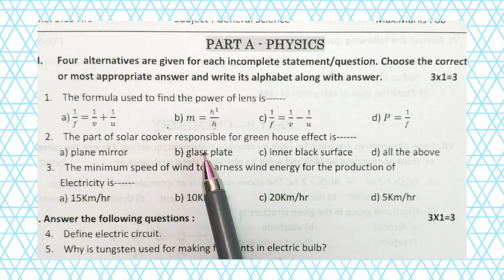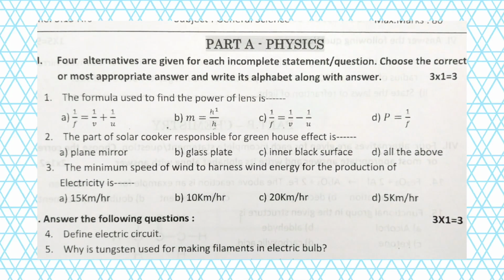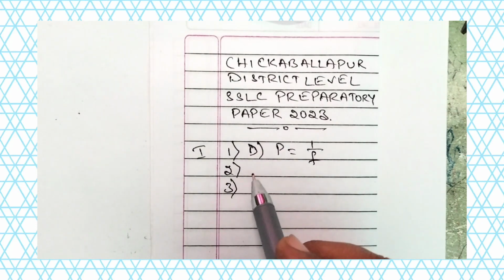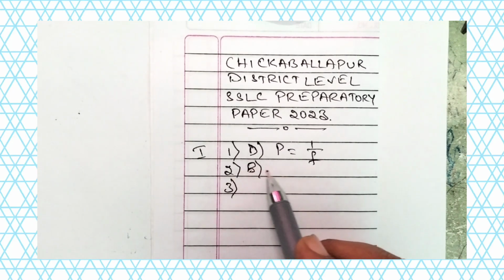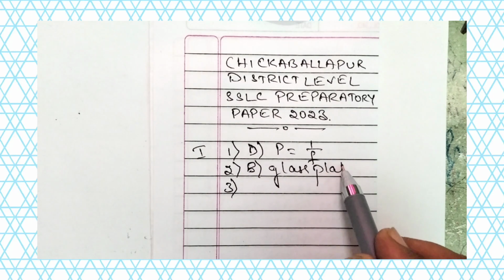Through the glass plate, the infrared radiation coming from the sun is trapped, and so the greenhouse effect increases. So the right answer is option B, that is glass plate.